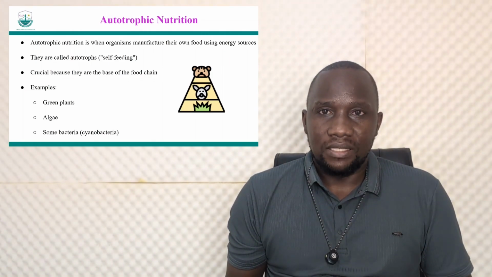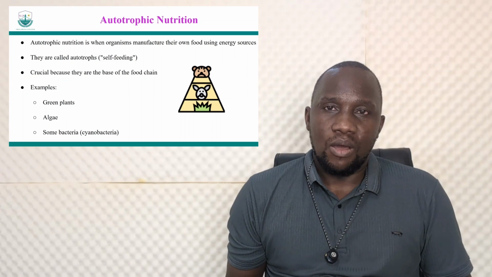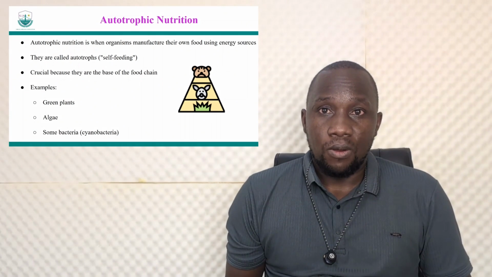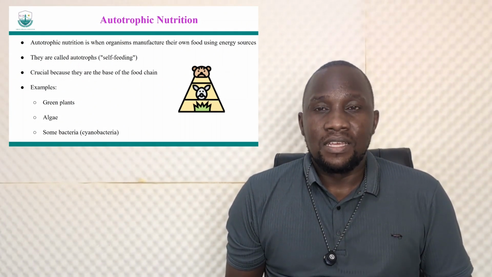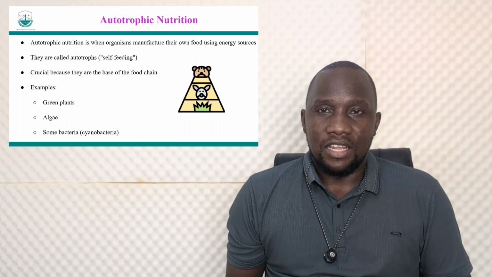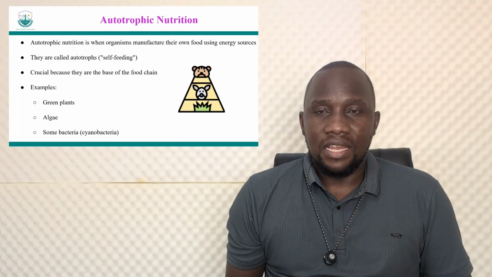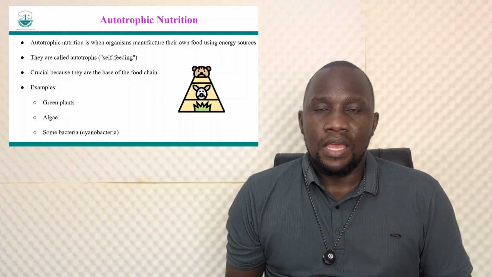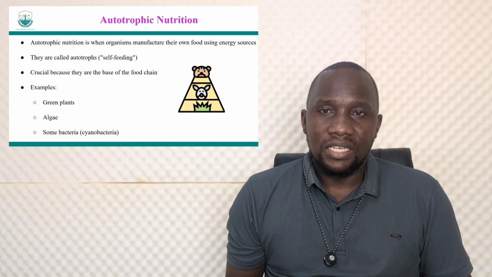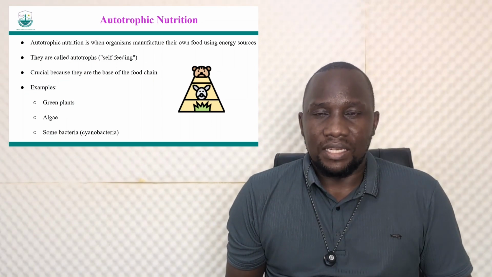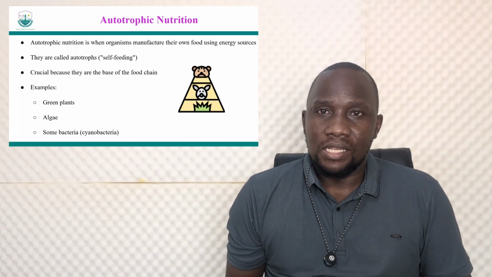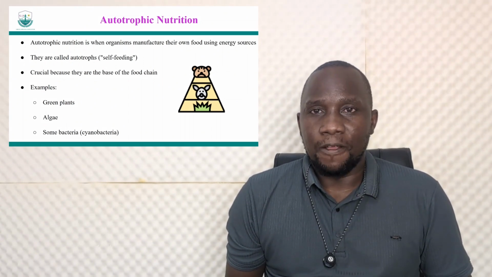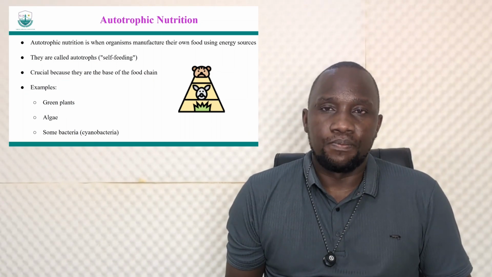So the green plants are able to make their own food through the process of photosynthesis. And we know that photosynthesis requires sun energy. That sun energy is captured by chlorophyll that is contained in the leaves. And definitely there should be carbon dioxide for that to happen. And that's when you get sugars. The sugar that we are making here is basically the food.